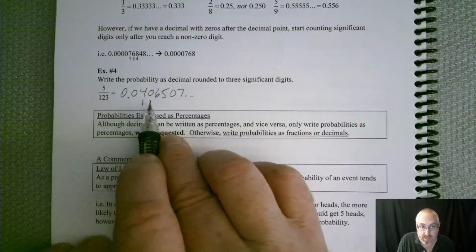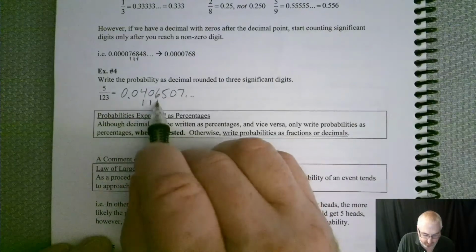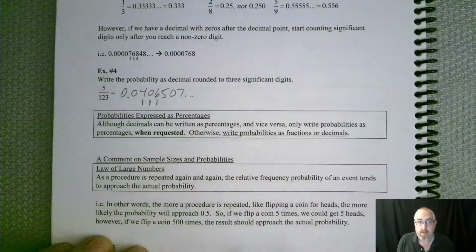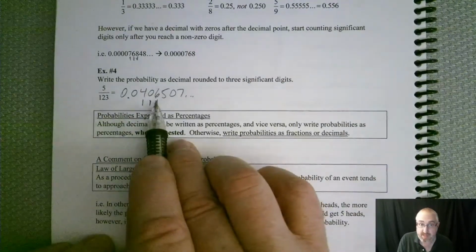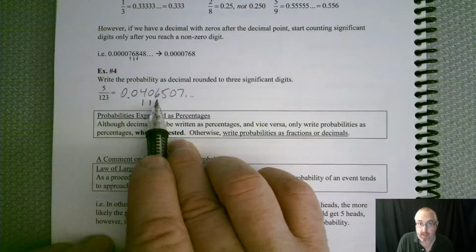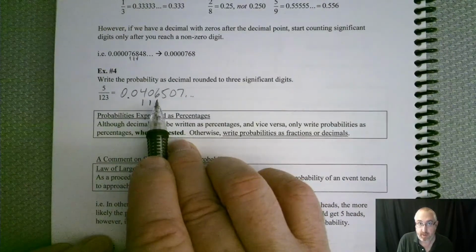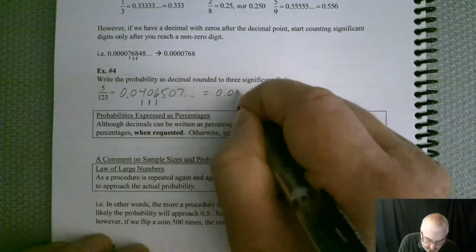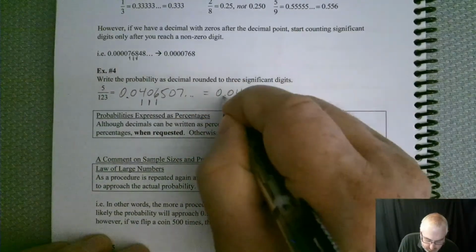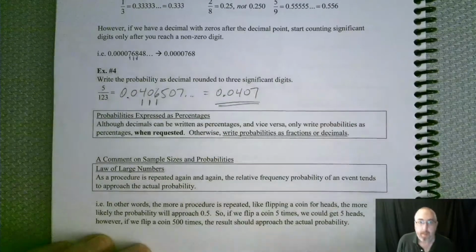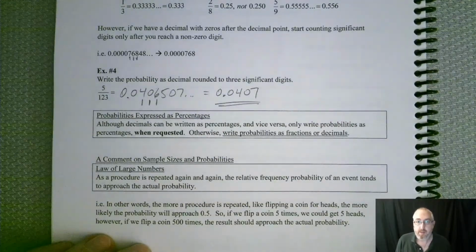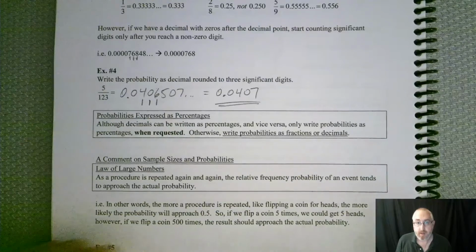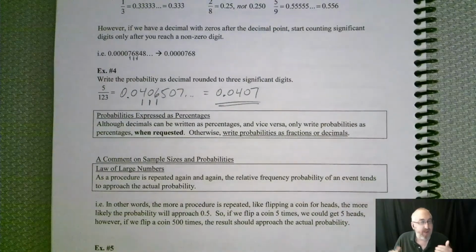So first one, second one, and then the third one. Now if we're rounding to the 6, what do we do with the 6? Do we leave it or do we round it up? Hopefully you're saying round up, round up, round up. So this should be 0.0407.